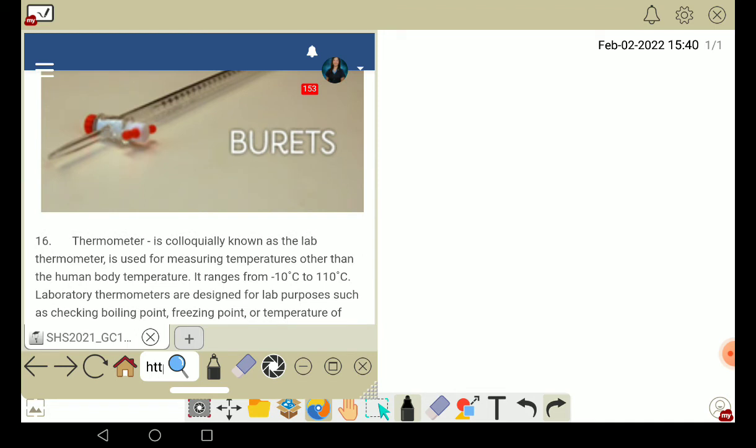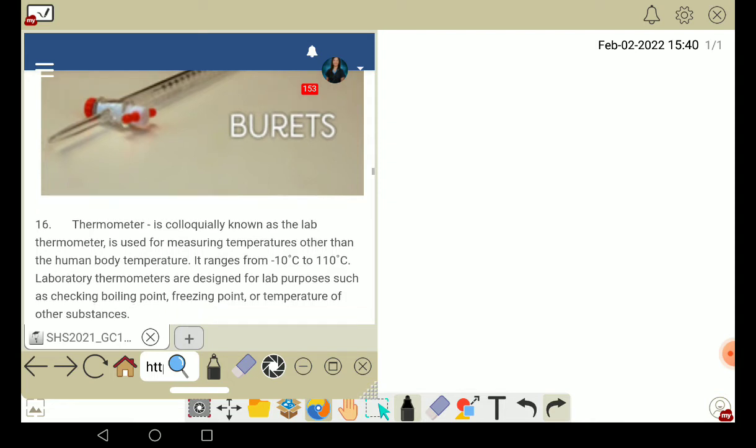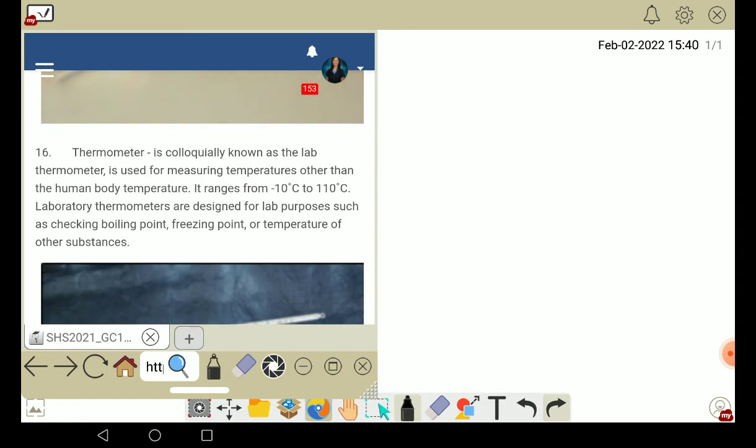Next, we have the thermometer, colloquially known as the lab thermometer because there are a lot of varieties of thermometers. It is used for measuring temperatures other than the human body temperature. Most commonly it is used to measure temperatures of your samples and temperatures when you are heating something. It ranges from negative 10 degrees Celsius to 110 degrees Celsius.